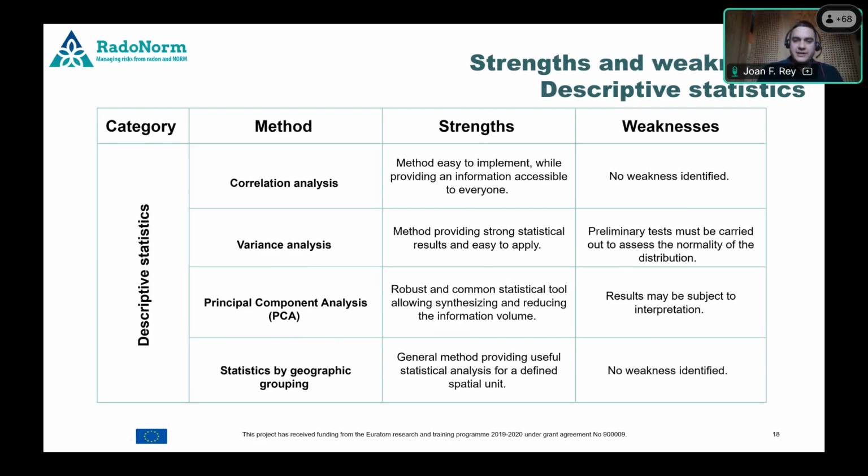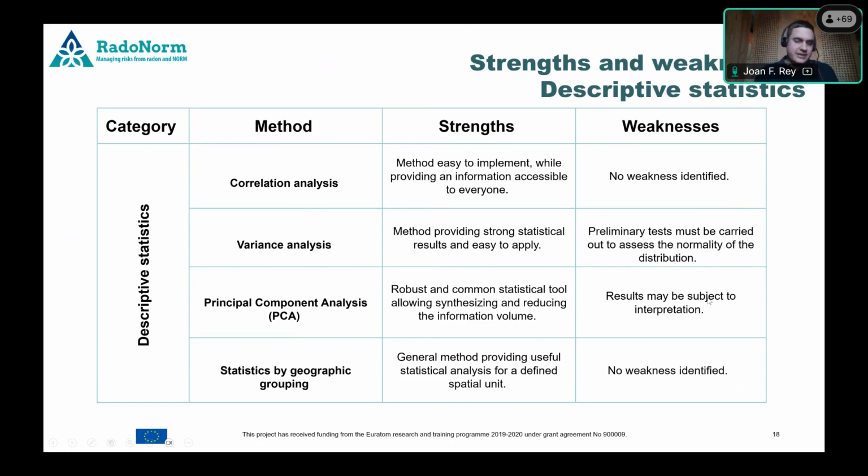They provide information which is accessible to everyone, and sometimes really easy to interpret. We just found two weaknesses. When we want to look at an ANOVA, for example, it is mandatory to be sure that we are working on a normal distribution, and sometimes it's not the case.